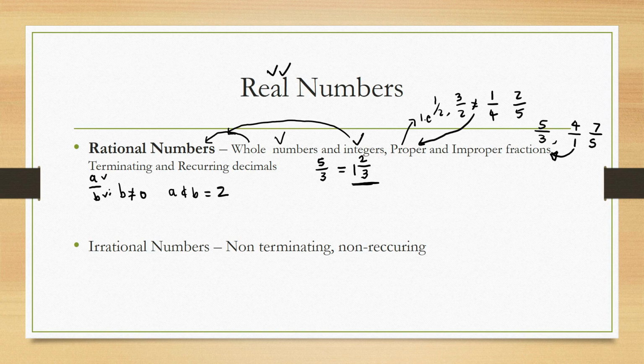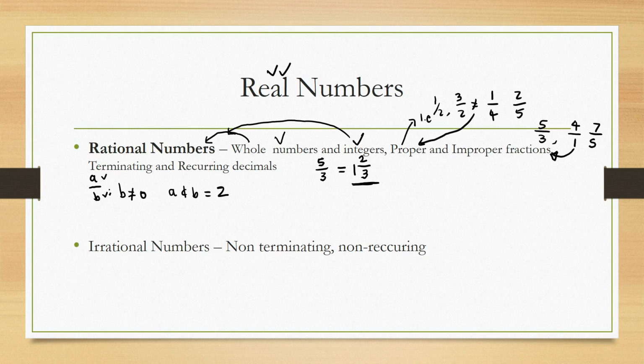Now what is a terminating decimal? I hope you guys know that when it comes to fractions, you can always represent them as fractions. You can also represent them as ratios. You can also represent them as decimal fractions.